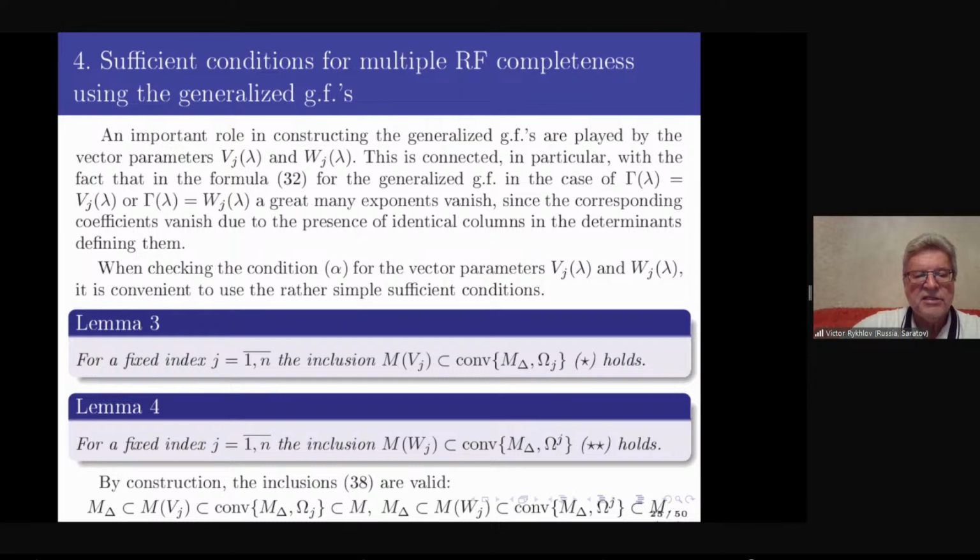When checking the condition alpha for the vector parameters v_j of lambda and w_j of lambda, it is convenient to use rather simple sufficient conditions. Lemma 3.